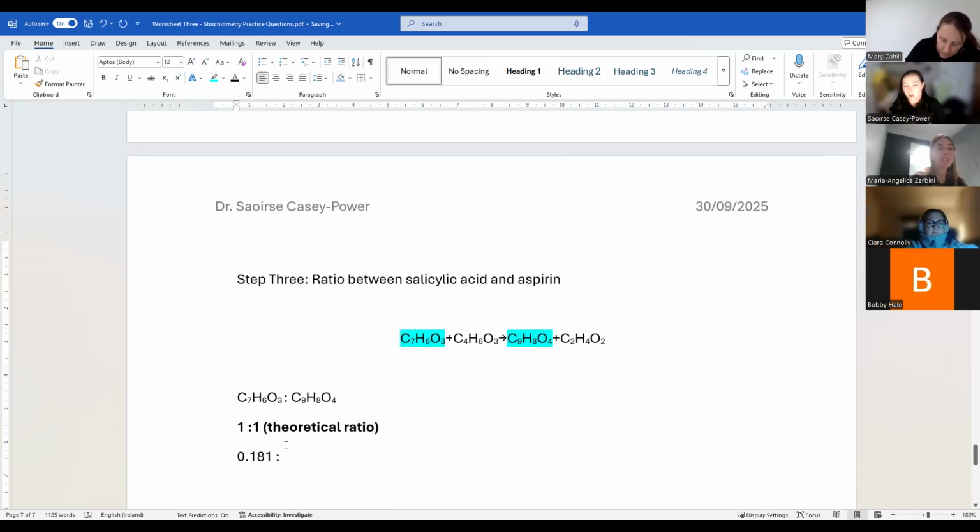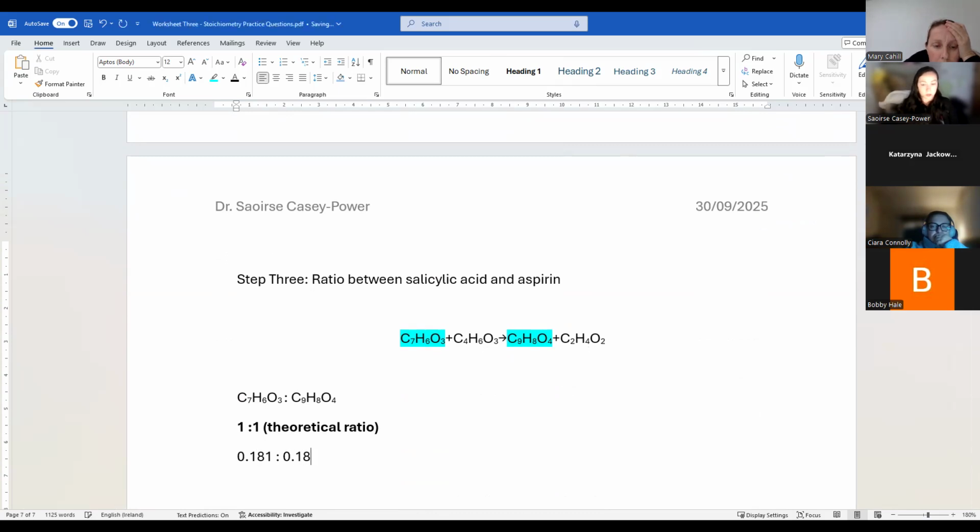So can anyone tell me how many moles of aspirin I should form then, based on that? And 0.181 as well. Yeah, exactly. Okay, because it's a 1:1 reaction.